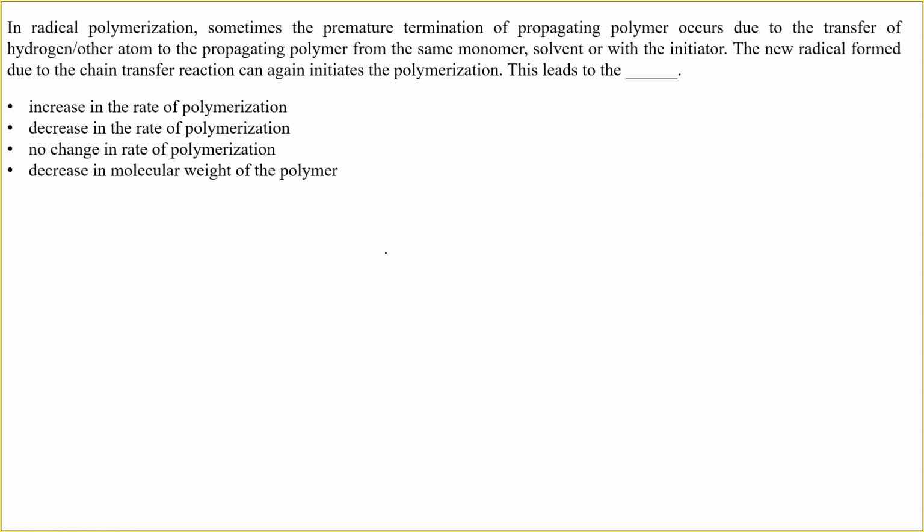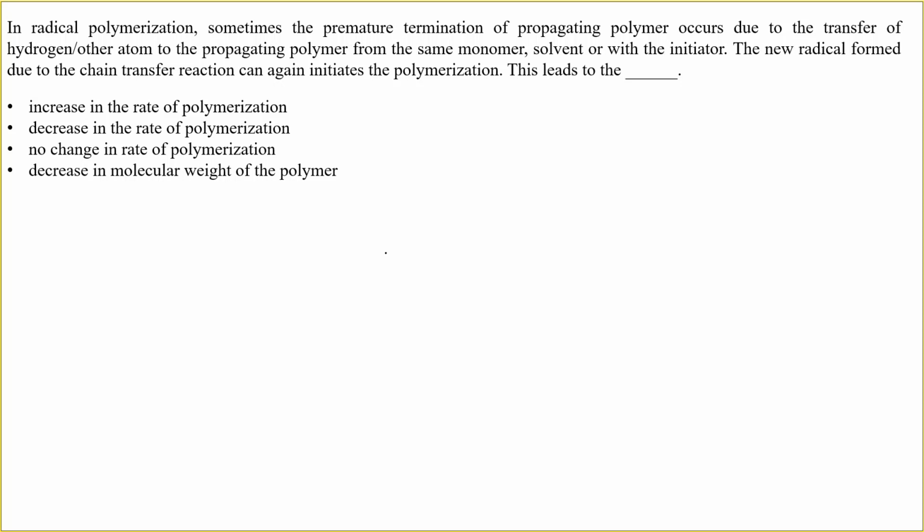In radical polymerization, sometimes the premature termination of the propagating polymer occurs due to the transfer of hydrogen or another atom to the propagating polymer from the solvent or the initiator. The new radical formed due to the chain transfer reaction can again initiate the polymerization.